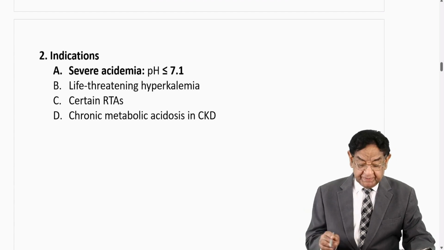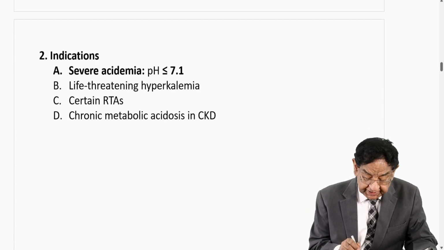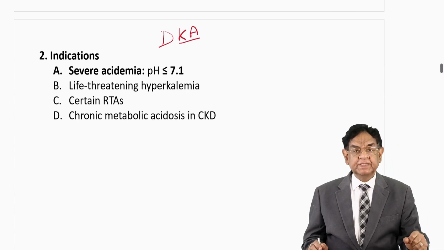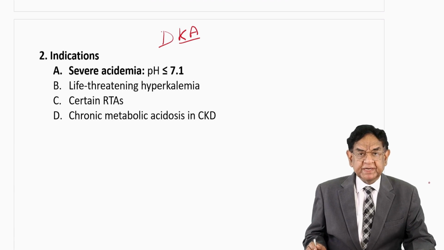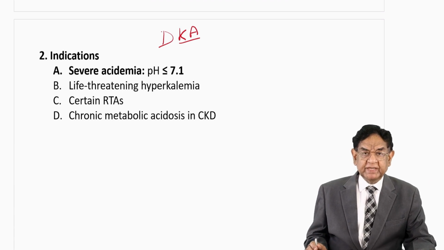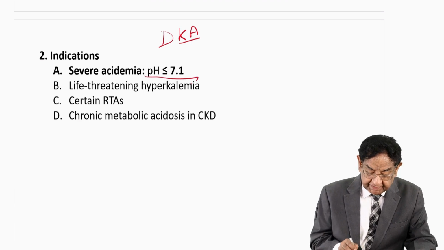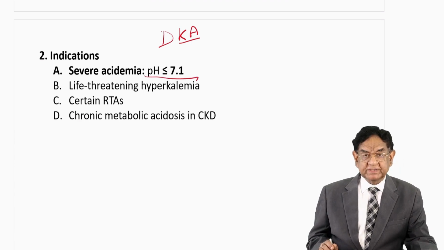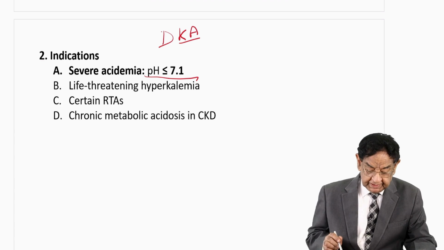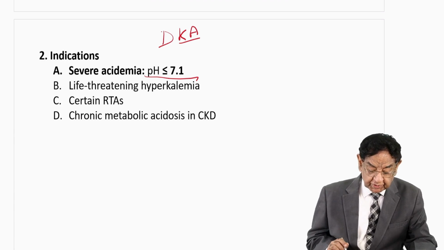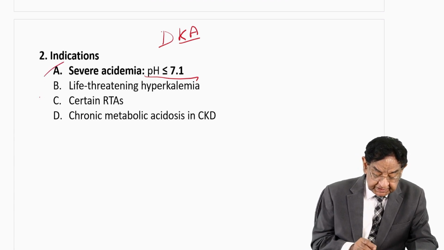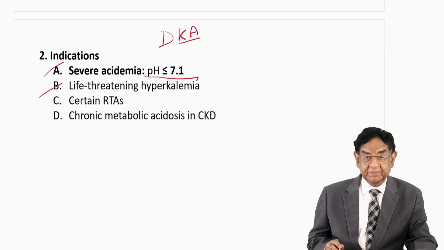Indications, let's take the example of DKA, diabetic ketoacidosis. Say you are treating a case of DKA, you are giving IV fluid, you are giving insulin, but still pH is less than 7.1, or some books even write 7. Then you can give it for severe acidemia, severe hyperkalemia.